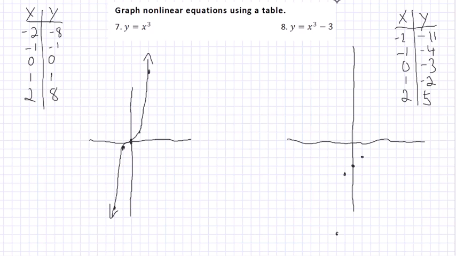And 2 is at 5. So it's the same shape, just moved down. Everything's moved down 3, which is again a different type of transformation. That's all I have for you today, and happy studying.